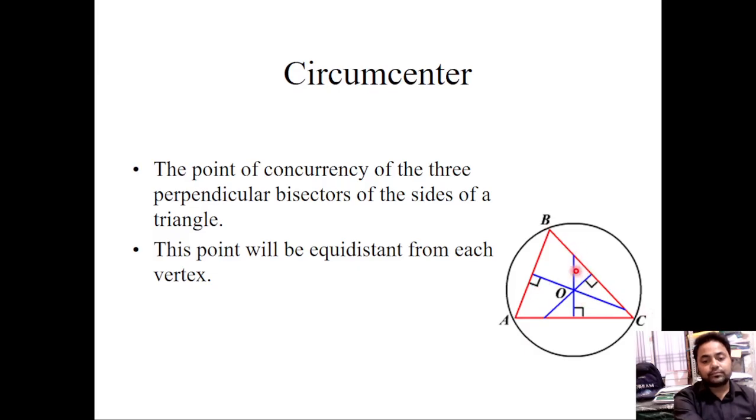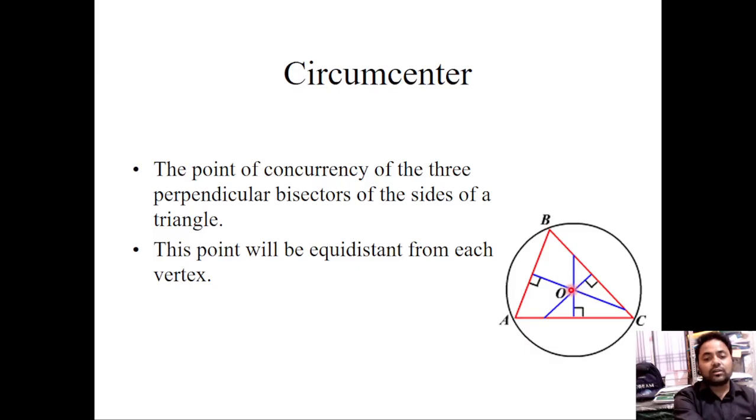Like here, this is the perpendicular bisector of AC, this is the perpendicular bisector of AB, and this is the perpendicular bisector of BC. So this is the point of intersection of the perpendicular bisectors of the sides of this triangle.